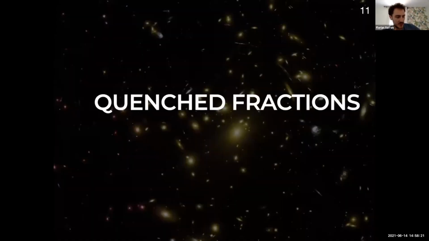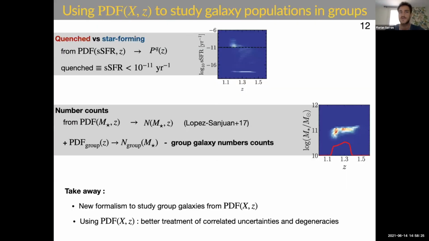So let's move to the quenched fraction of the sample. Before showing you the results, I just want to give you a flavor of how we can use the delocalized estimate of physical parameters in redshift to study galaxy population in groups.